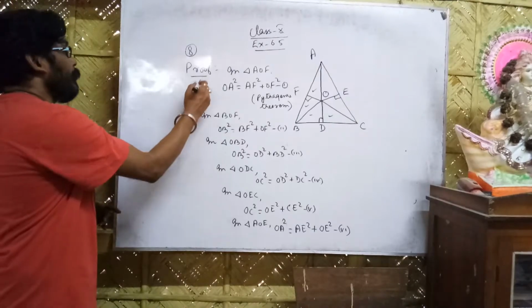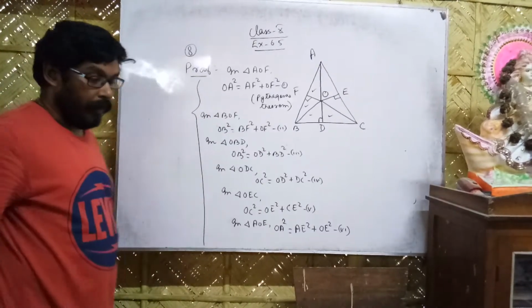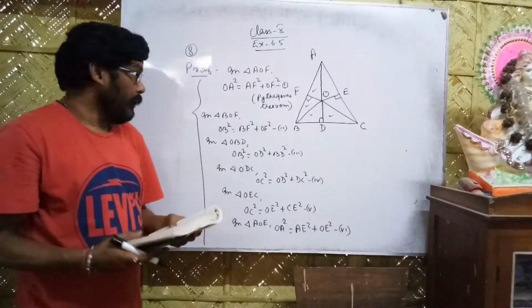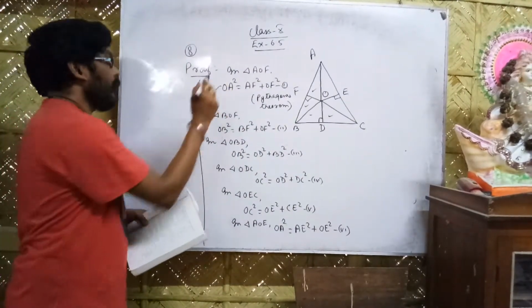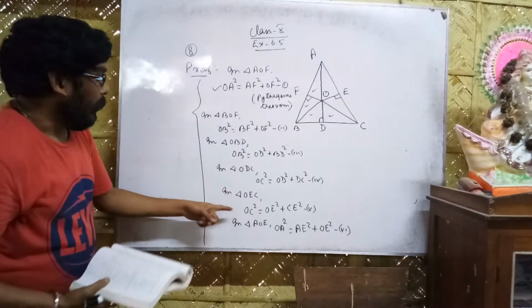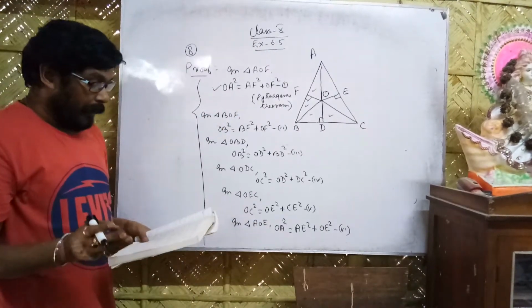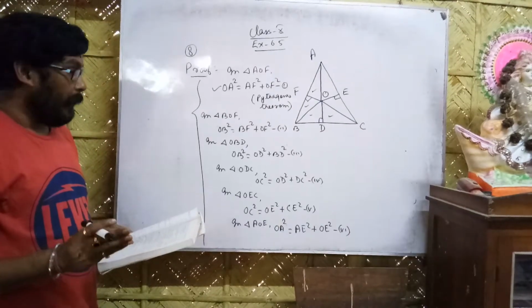Now as per the proof, I will add up. In Roman 1 of the proof, you see OA square plus OB square plus OC square. OA is present here, and again here also. Now which one will I take? After that, they have done minus OD, minus OE, minus OF.